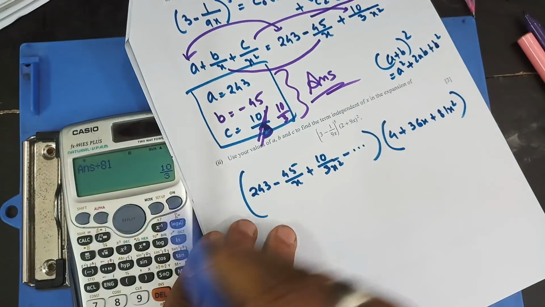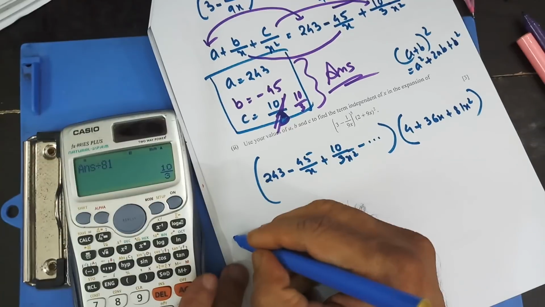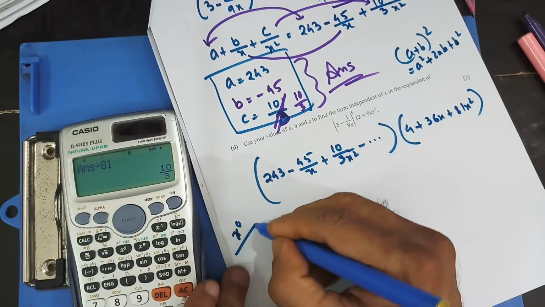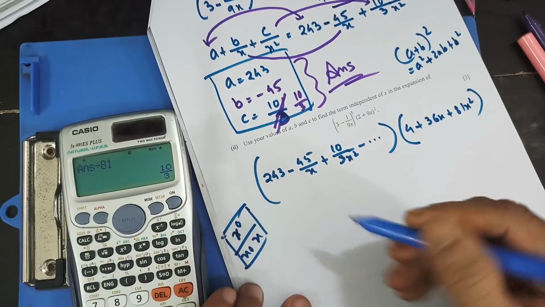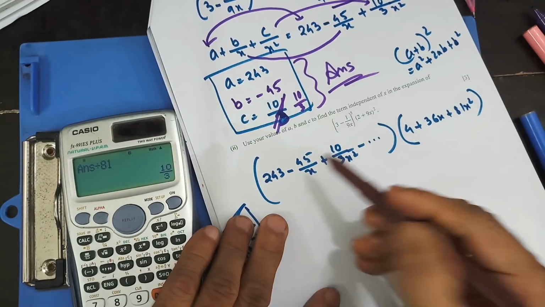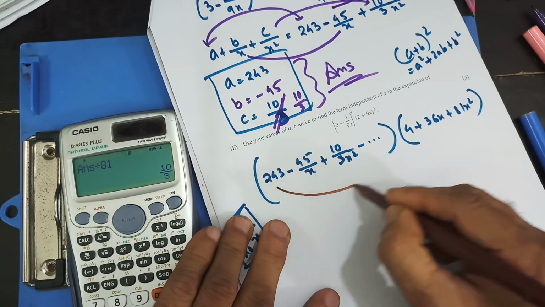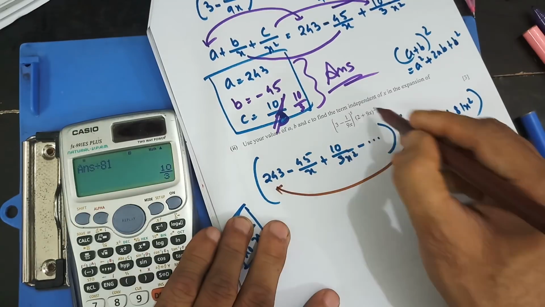Now watch this. Independent of x means either in that term x to the power 0, or we can say no x. Okay, that's not division, just two options. Now over here, if I multiply this with this, I can see that there is no x.